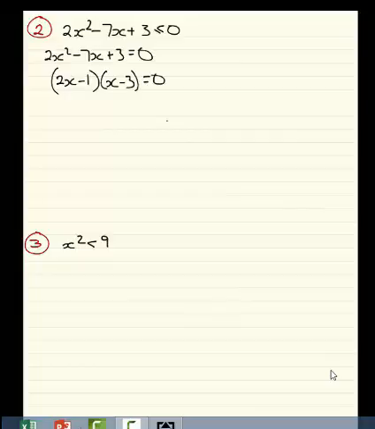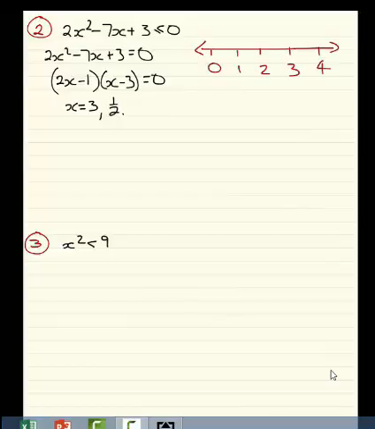So x is equal to 3 or a half. So back to our number line again, and then plot your points. We've got a half and we've got 3.